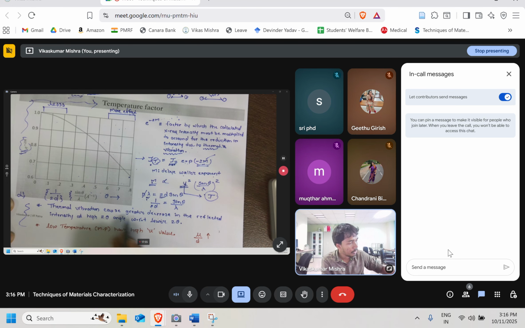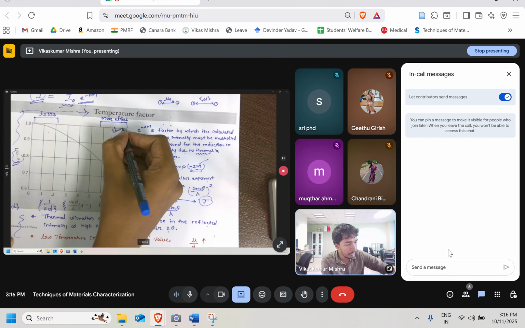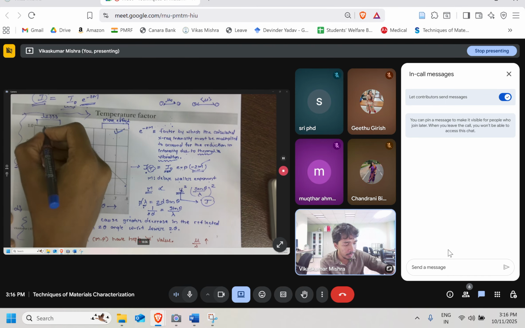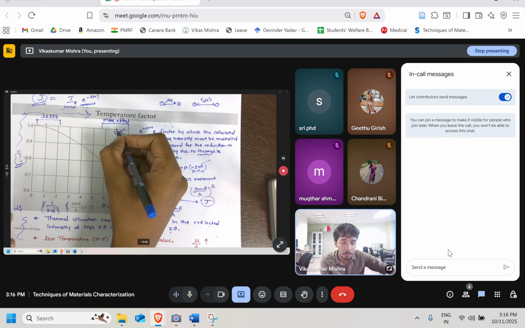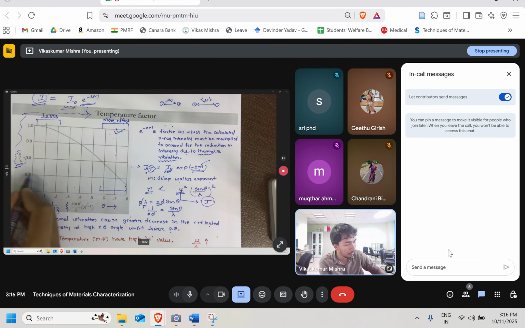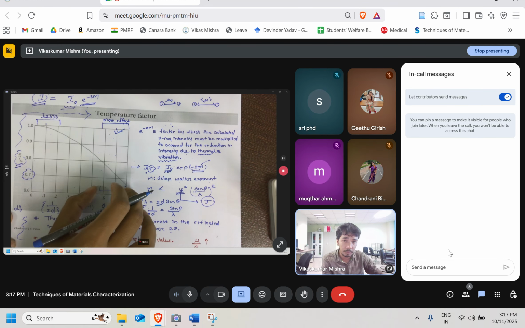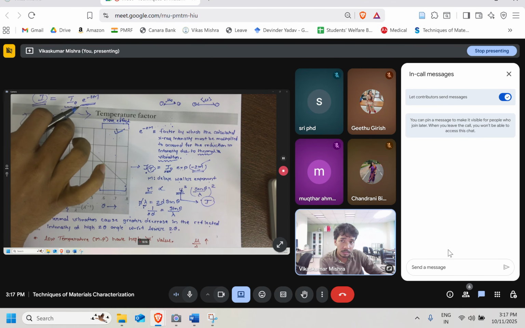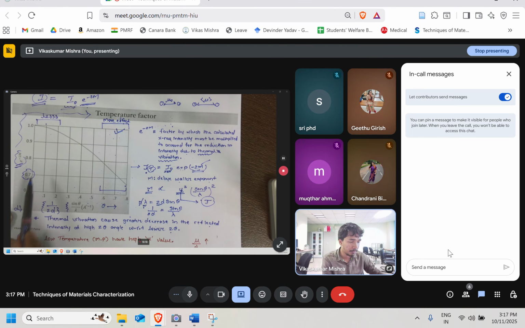Thermal vibration causes a greater decrease in the reflection intensity at higher two theta angles with respect to lower. So here the intensity effect will be more, and since we are going to multiply with a fraction value which is low, the intensity will be low. While on this side the intensity will be higher.